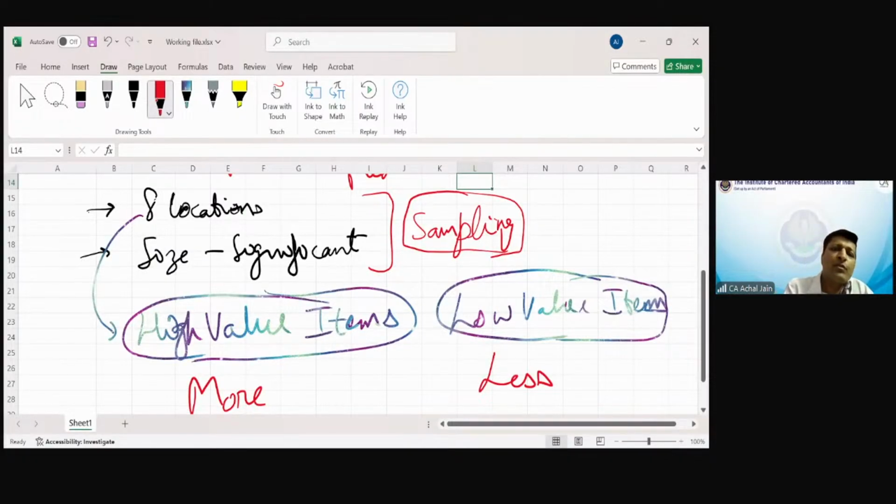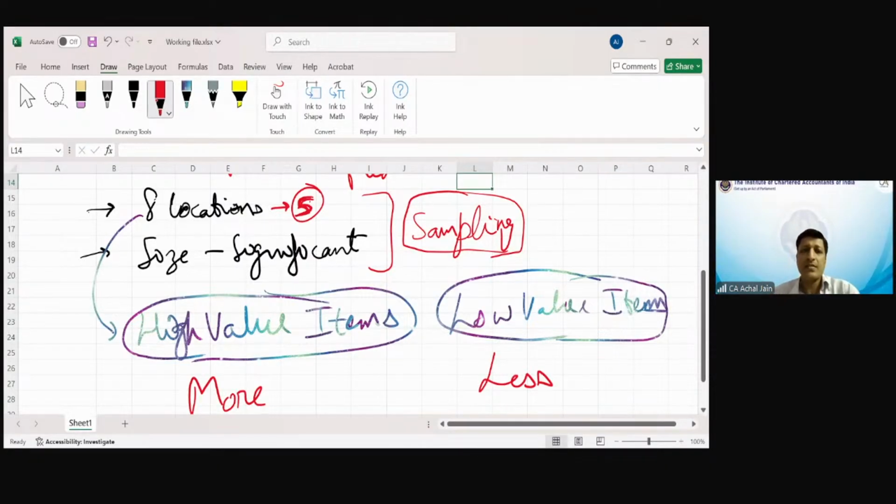Five locations are covered. And if the auditor believes that by covering 5 locations, the majority of the inventory will be covered, and for the remaining 3 the valuation will not be very significant, can he ignore that?